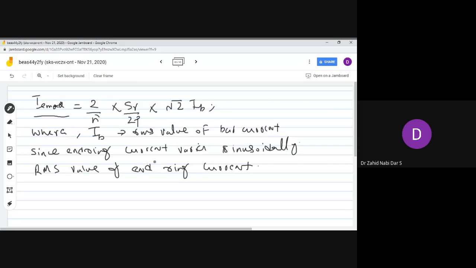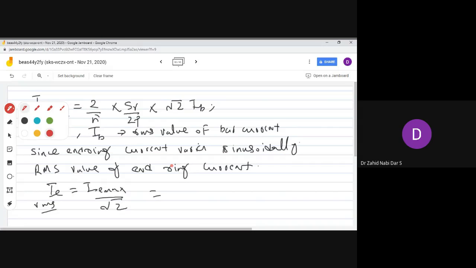So the RMS value of the entering current, IE RMS, would be equal to IE max by root 2. So for these quantities over here, 2 by pi into SR by 2p into root 2 IB, I have to divide the whole quantity by root 2. So I'll divide it by root 2.